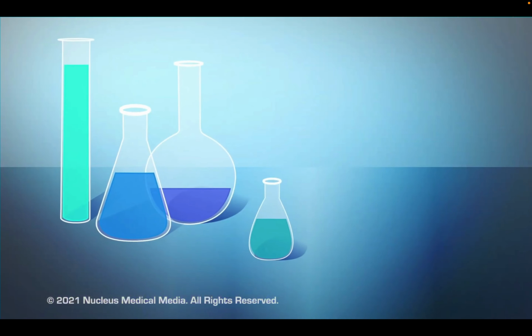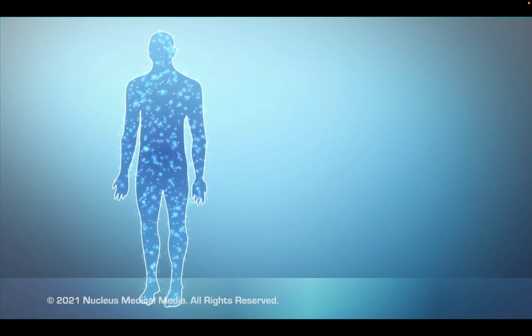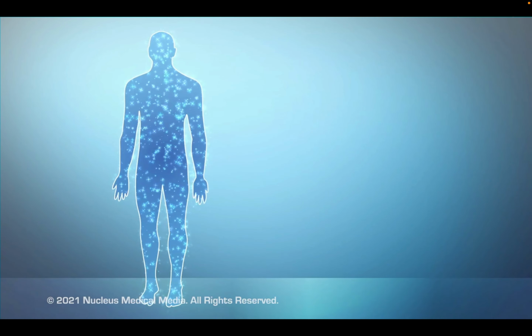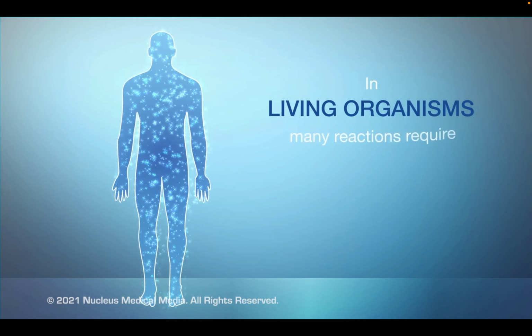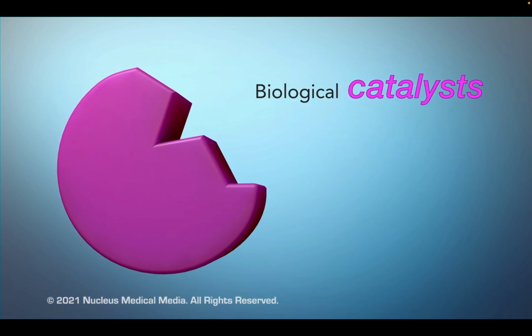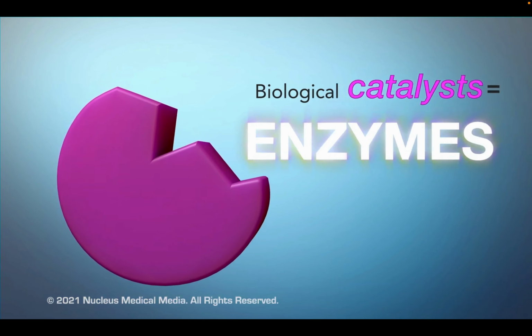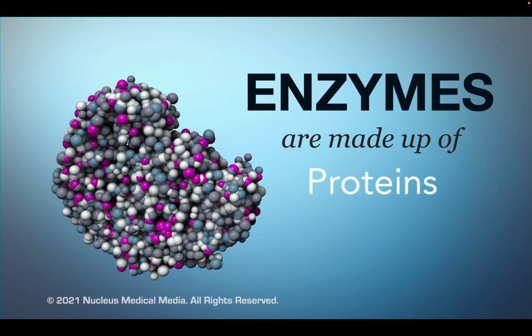Chemical reactions are done in labs. But many chemical reactions also happen constantly inside your body. In living organisms, many reactions require catalysts. Biological catalysts are called enzymes. An enzyme is always made up of proteins.